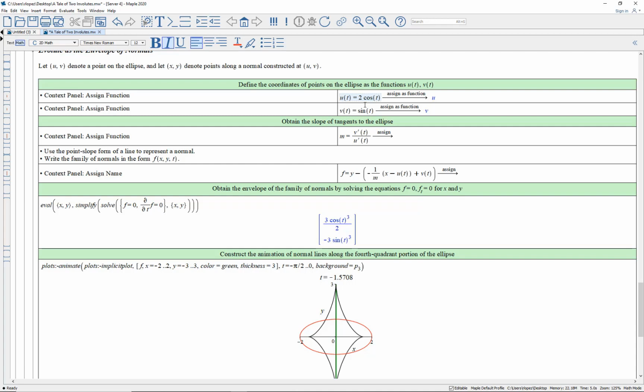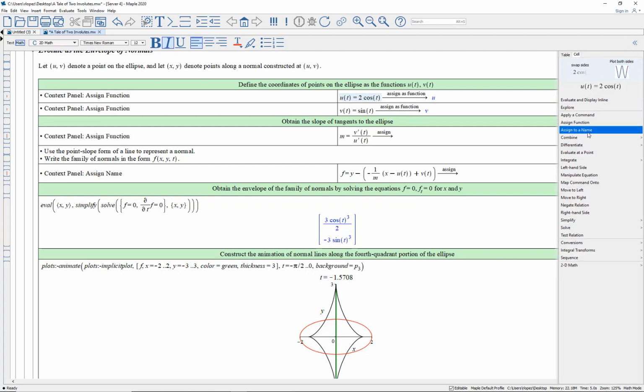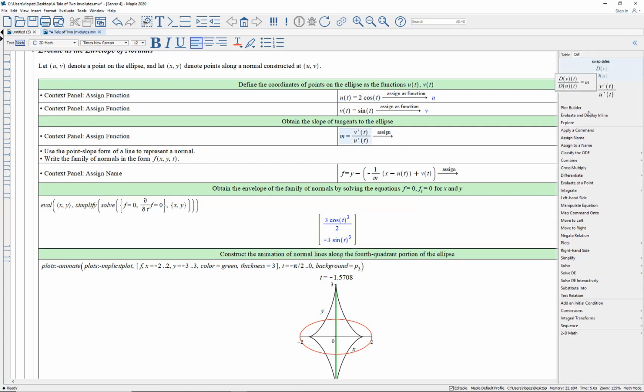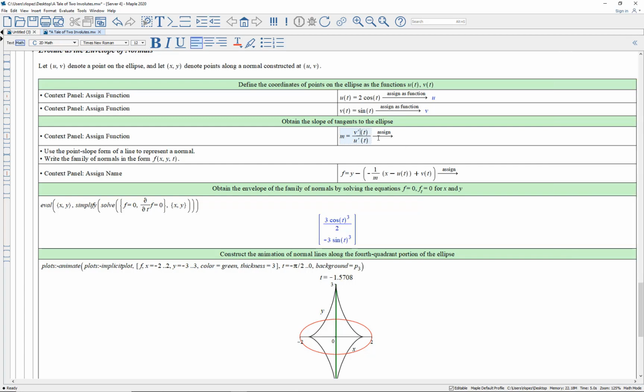Since the curve is now given parametrically with u and v, slope along the ellipse is v prime over u prime. And again, I use the context panel here. I pick a sign. Assign name, so that sets m to this ratio.